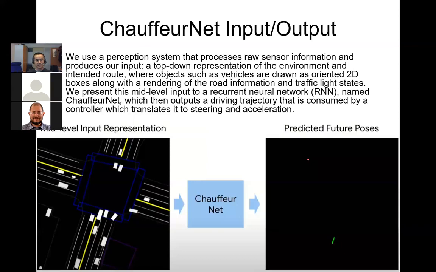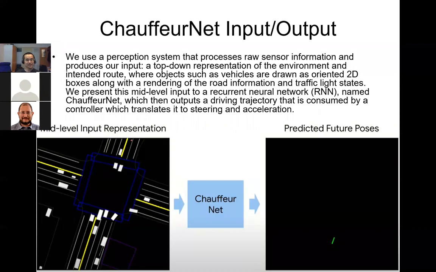So the ChauffeurNet input is a mid-level input representation. So you have a separate perception system that processes raw sensor information and produces the output, a top-down representation of the environment and the intended route, where objects such as vehicles are drawn as oriented 2D boxes, along with a rendering of the road information and traffic light states.